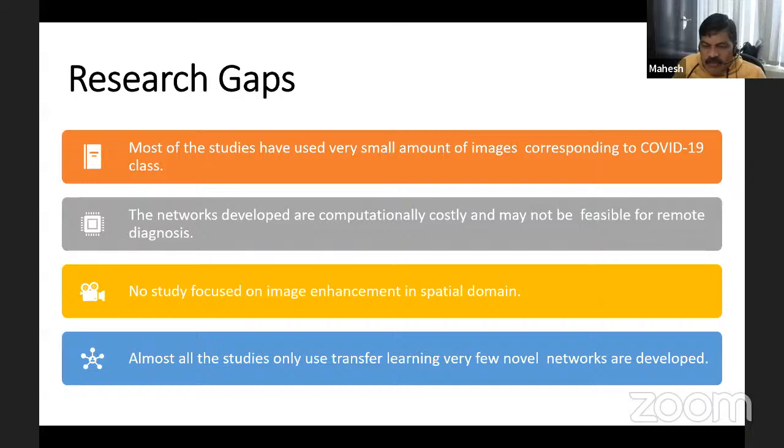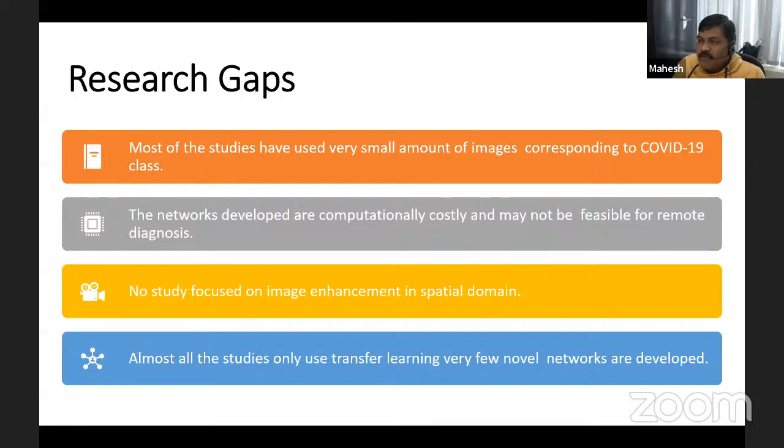And a lot of papers have used transfer learning. So what is transfer learning? A model was developed for some other reason. A model was developed for vehicle classification. But we are in a hurry. We need COVID-19 detection as early as possible using some deep learning technique. So what was the trend?